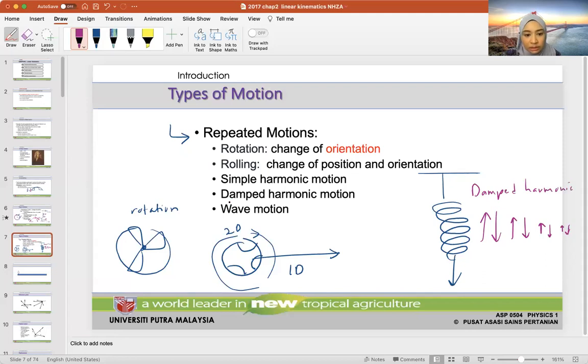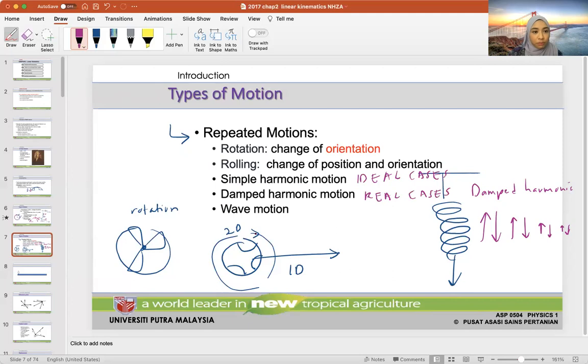In the ideal world, it is simple harmonic motion. The up and down does not lose energy. So dia takkan berhentilah sampai bila-bila unless there's a force that tells the simple harmonic motion to stop. So this is ideal case lah. Okay, ideal case. And physics likes ideal cases so much because it makes calculations easy. And this is the real case.